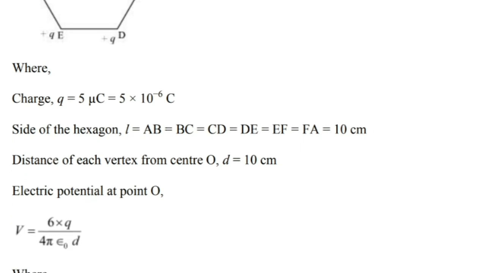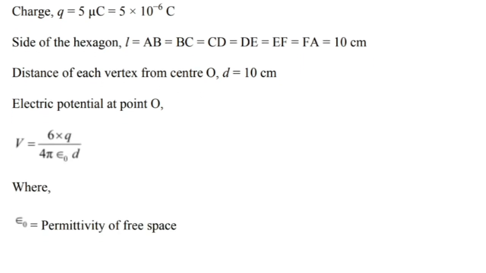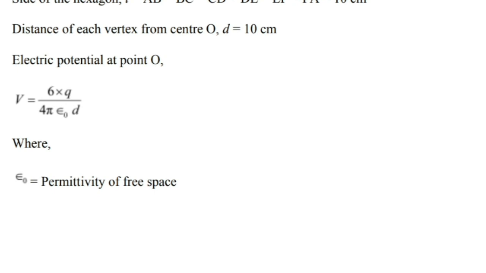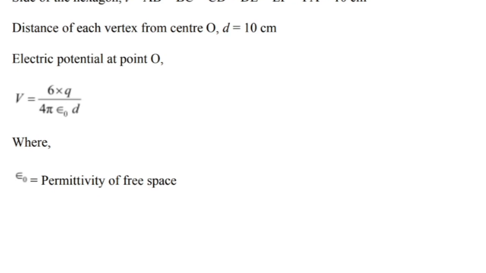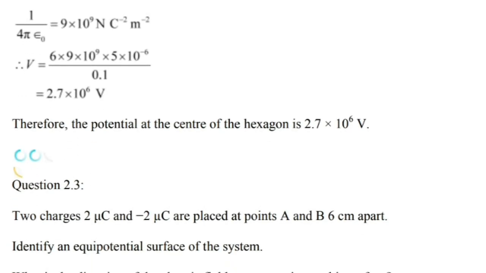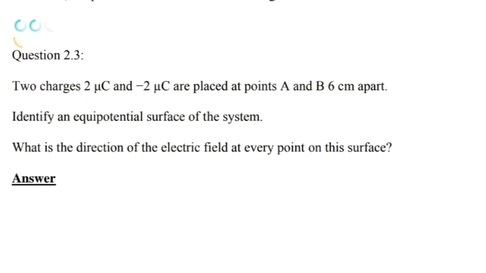Using that we can easily solve this problem, because the total potential will be 6 into the potential due to one charge, as all the vertices are equidistant from the center. So it will be 6 into Q by 4 pi epsilon 0 D. Substituting, we will have 2.7 into 10 raised to 6 volt.